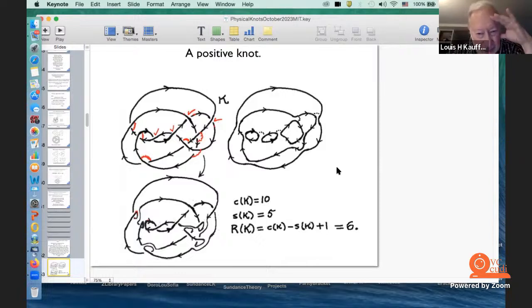So you see that it is tautological that I can do C of K minus S of K plus 1 reconnections to turn the knot into an unknot. And actually, this is true in general, but in the case of positive knots, that comes right up against the lower bound, and we therefore know the reconnection numbers for any positive knots.